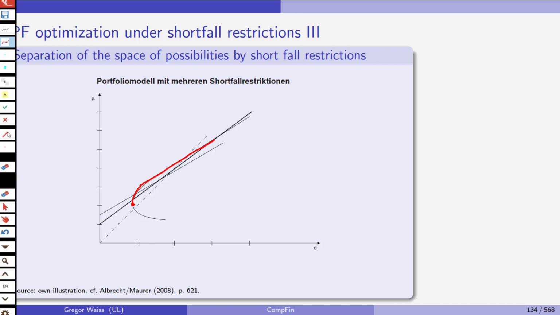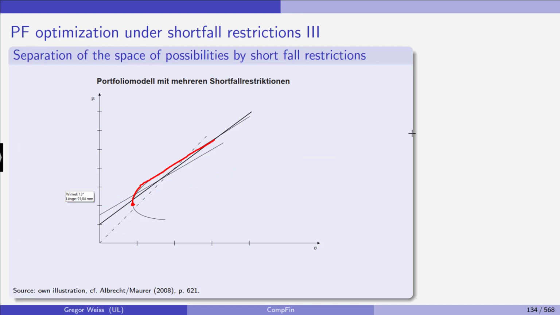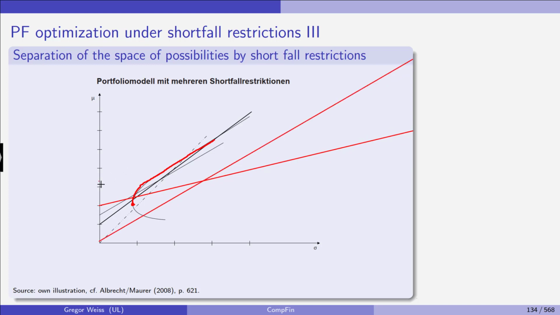And you now have different shortfall constraints. Let's do it in red. Maybe like this, for whatever reasons. And you have to take the intersection of all these. I hope this is okay.